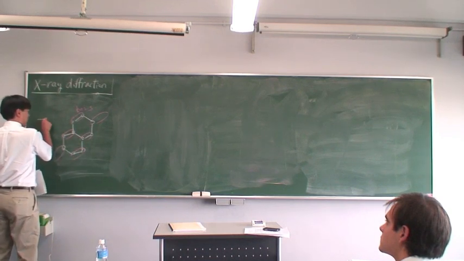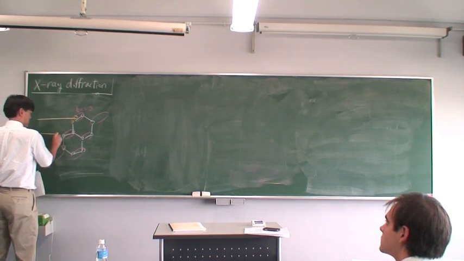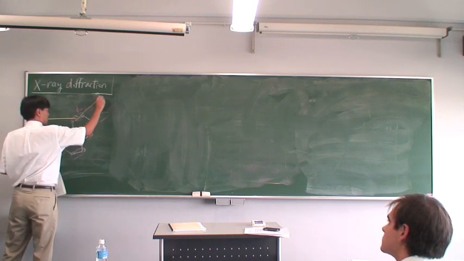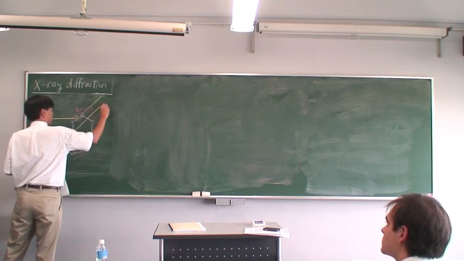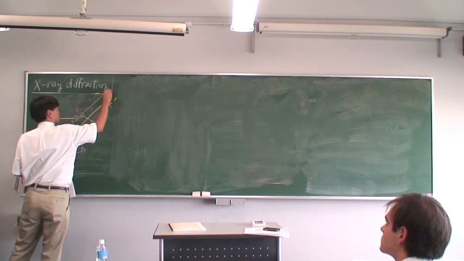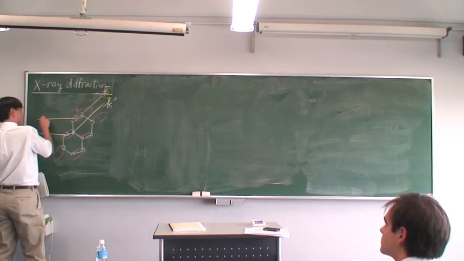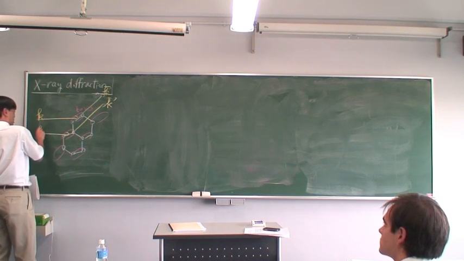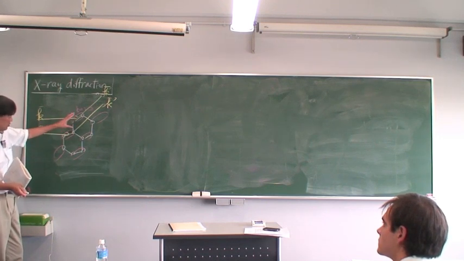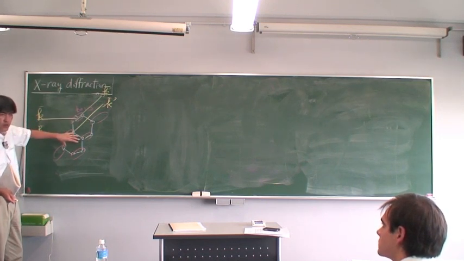And we have to treat everything in terms of a Bravais lattice, so that if I shine X-ray here, Laue condition, remember, we have K prime and K and so on. We treat them first as if they are single atoms.